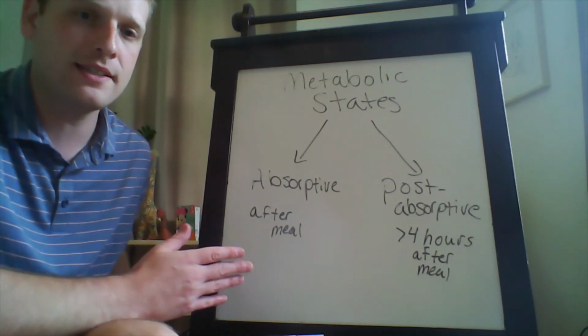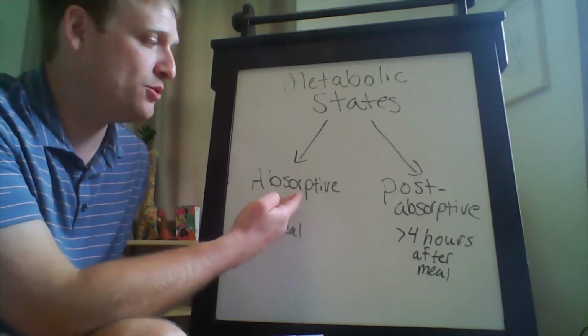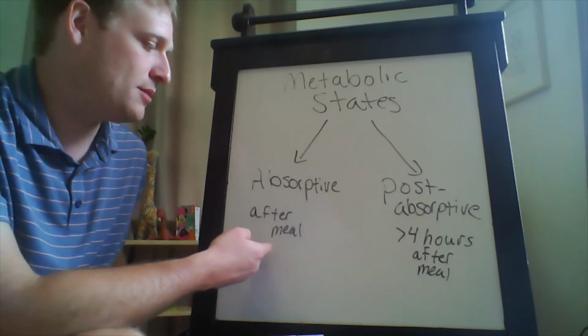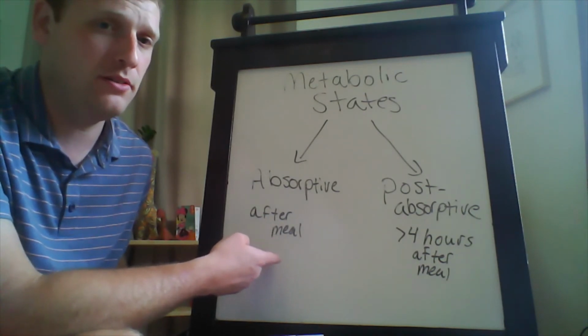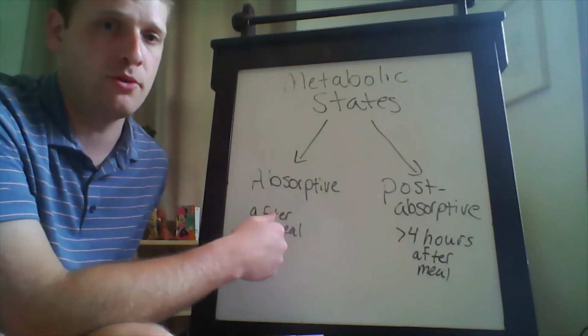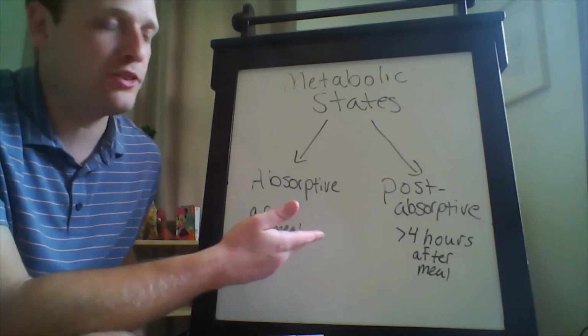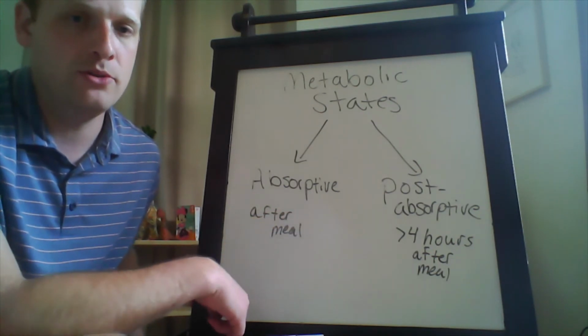The two metabolic states that your body oscillates between are called the absorptive state, which takes place directly after a meal and for several hours after that meal, and the post-absorptive state, which takes place after about 4 hours post-meal.